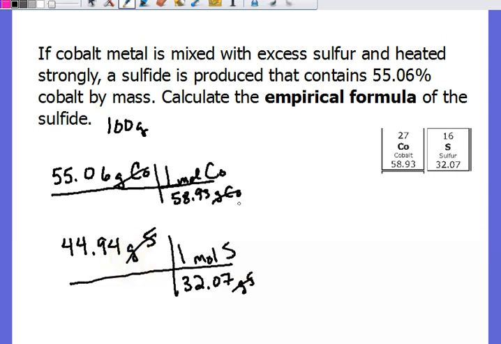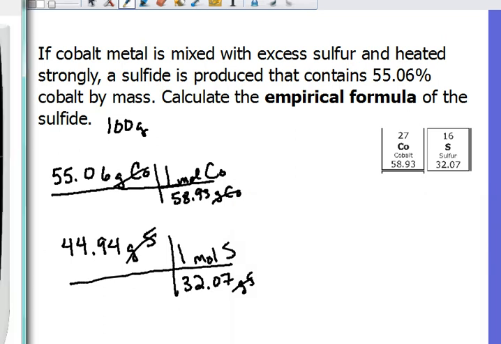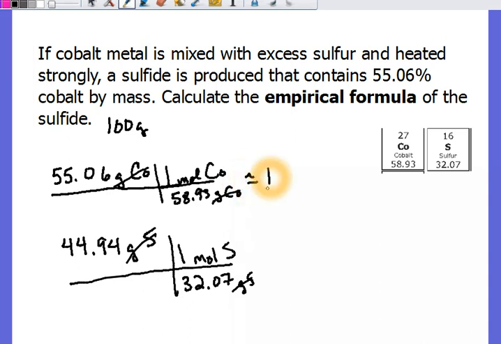And now you can divide your numbers. On your cobalt portion, you have 55.06. You divide that by 58.93, and you get 0.93, which is roughly 1. Anything that's over 0.9, I'm just going to say about 1.